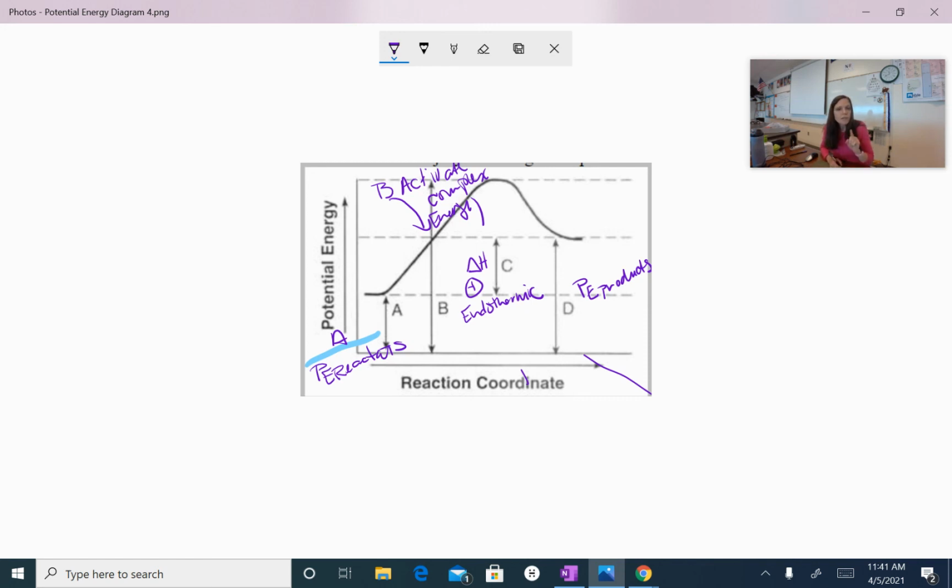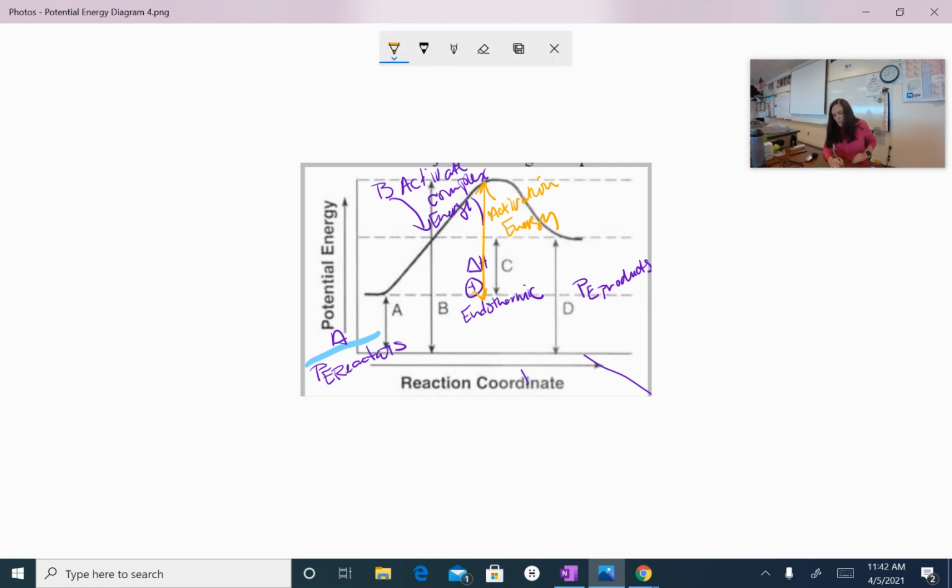Okay, now there's a couple things that are missing on this diagram. We actually don't have a line for our activation energy. So let's put that in really quick. I'm going to put that in orange. So if I go from my reactants to the top of my energy curve, this is my activation energy of the forward reaction.